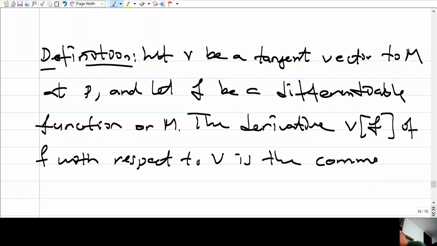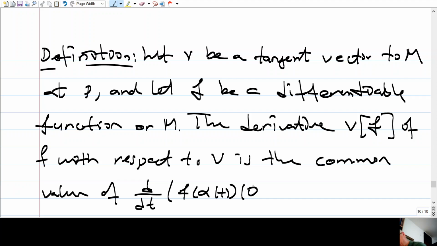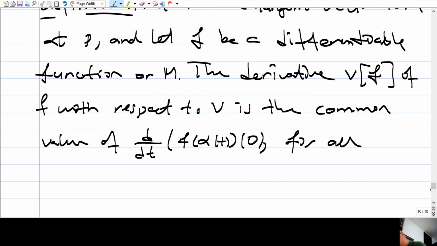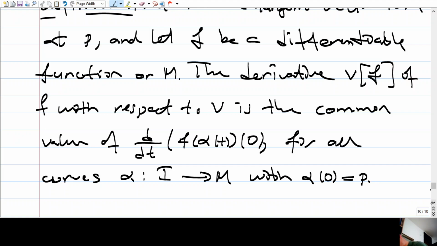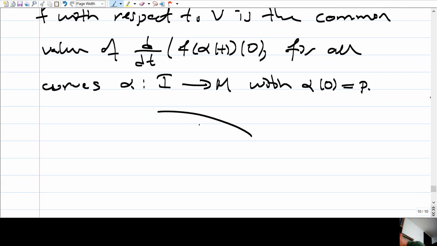of this gadget, f composition alpha of t, evaluated at 0, for all curves alpha with alpha 0 at P. So this tells us the following actually.